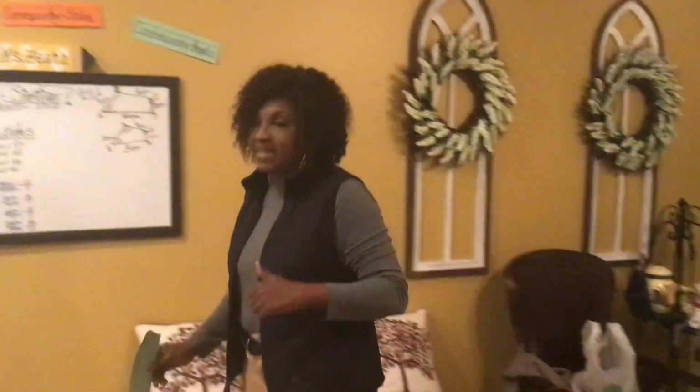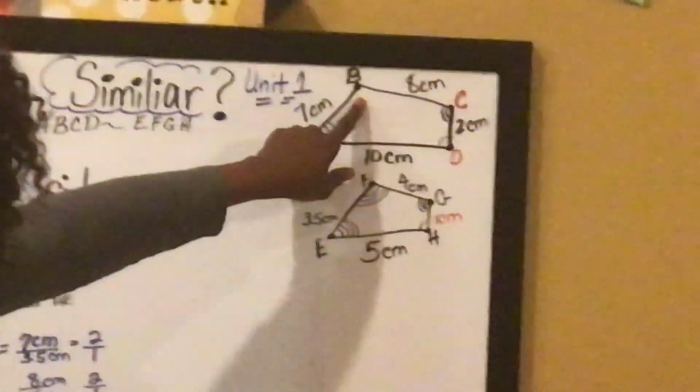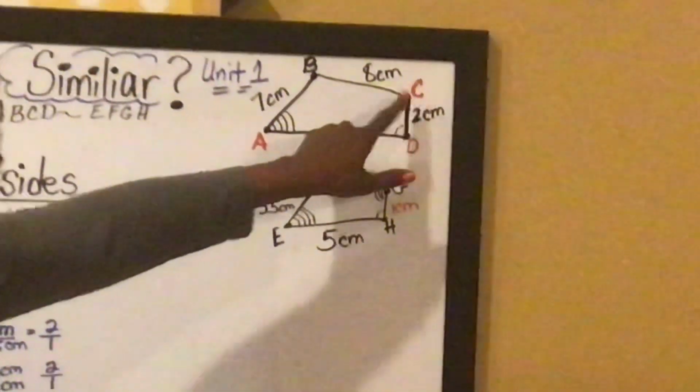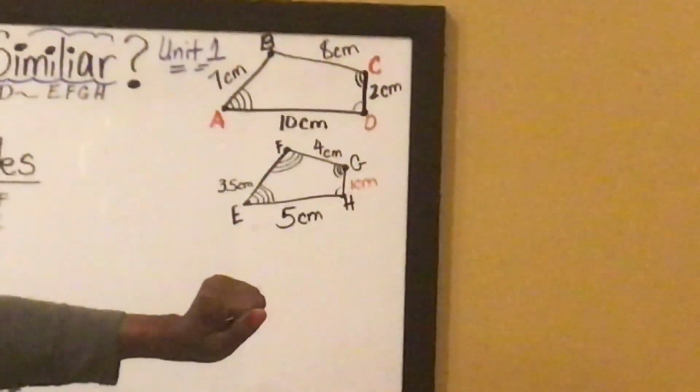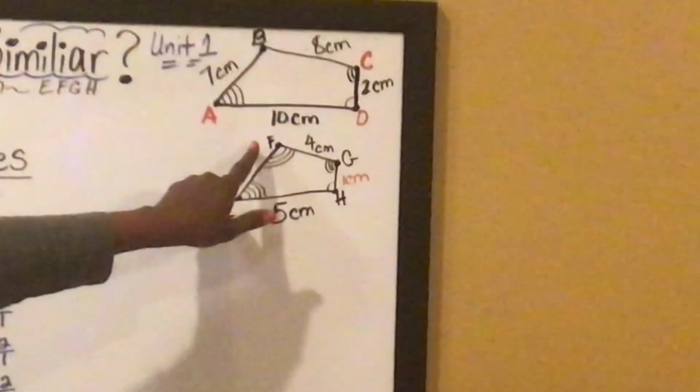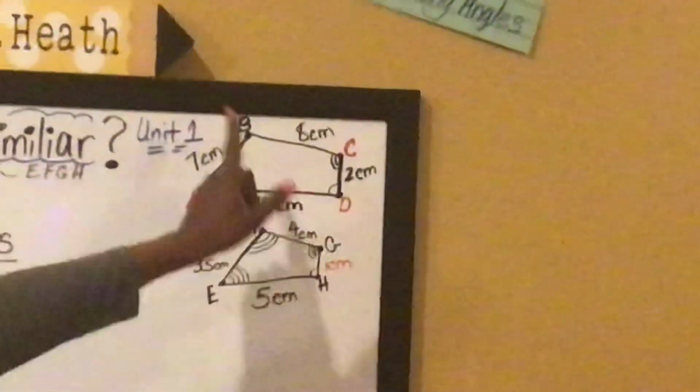Here is B, and here is C. So B and C correspond with what? F and G. B and C, F and G.